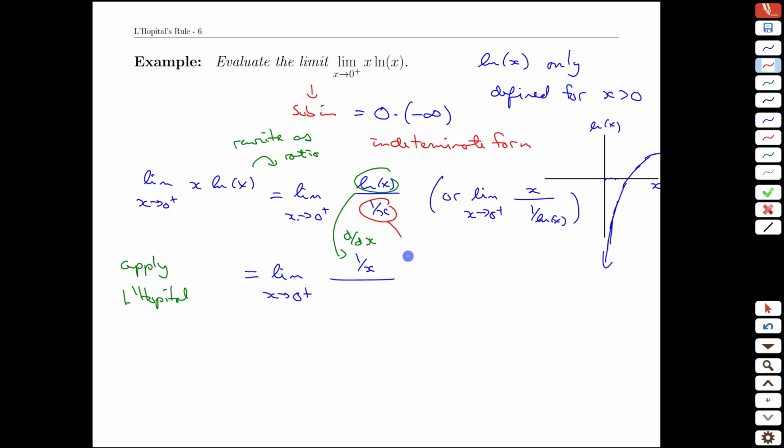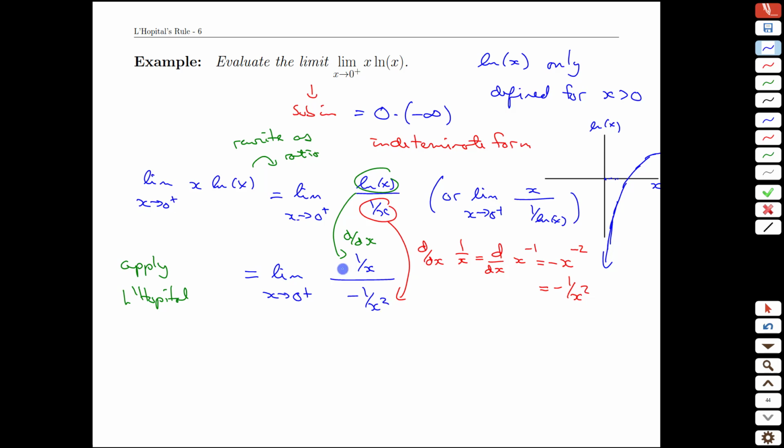And then the 1 over x in the bottom, you have to be careful with that. The derivative of 1 over x is the same as the derivative of x to the negative 1, which is negative x to the negative 2, or negative 1 over x squared, since negative exponents mean over. So negative 1 over x squared.